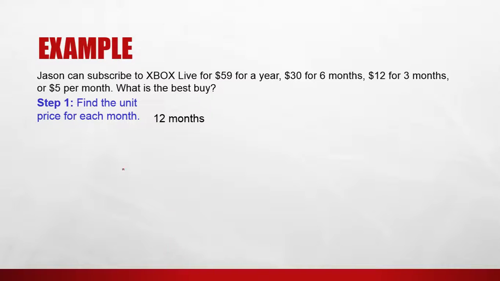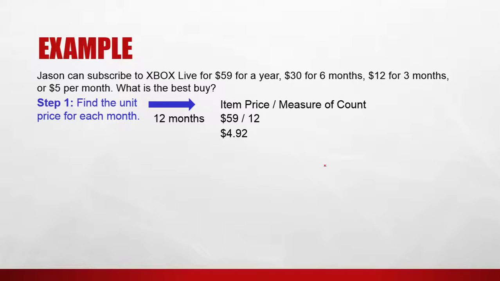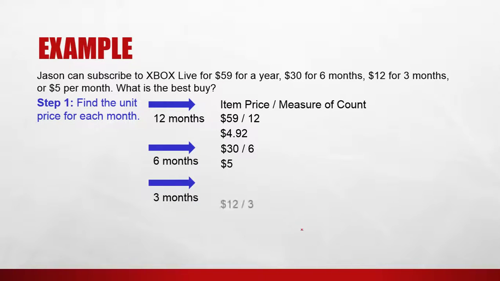So I converted that. So that means it is going to cost you $4.92 per month if you decide to get the $59 subscription. Second one is 6 months. When you do that, you get $5 a month. The 3 months one, you get $4 a month.